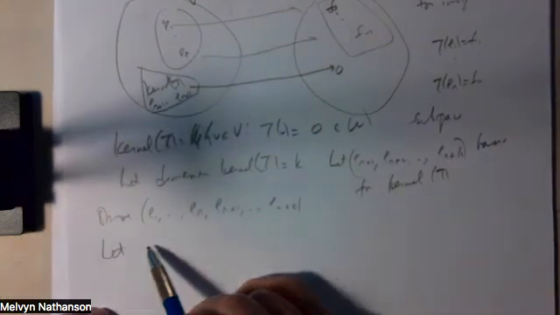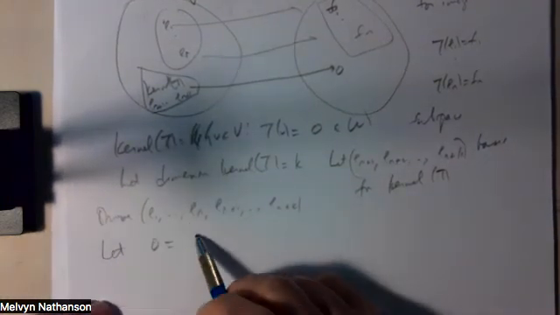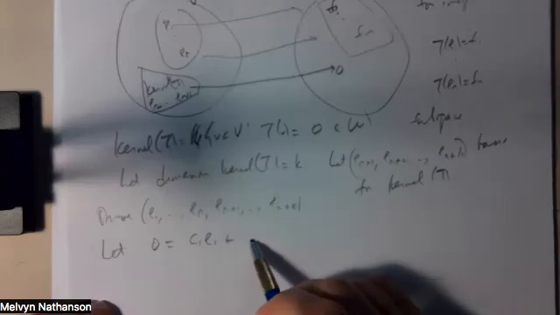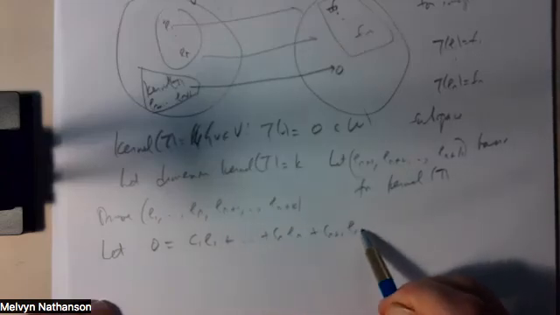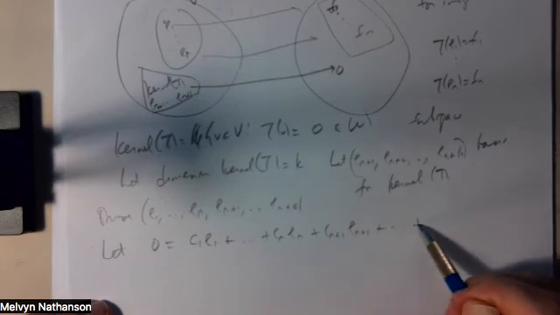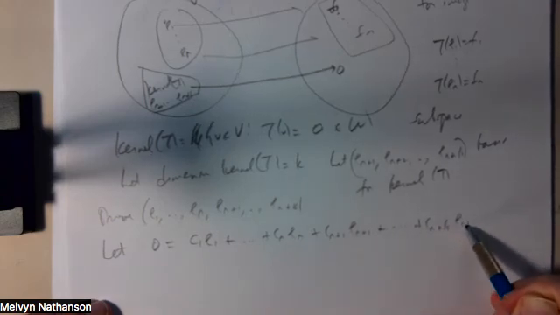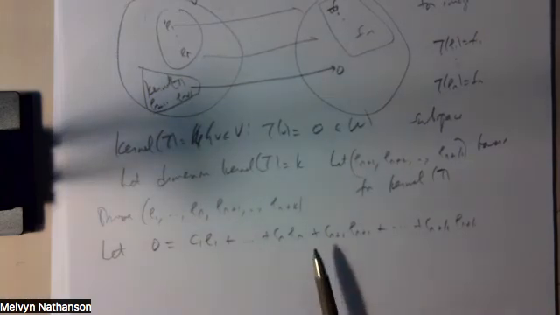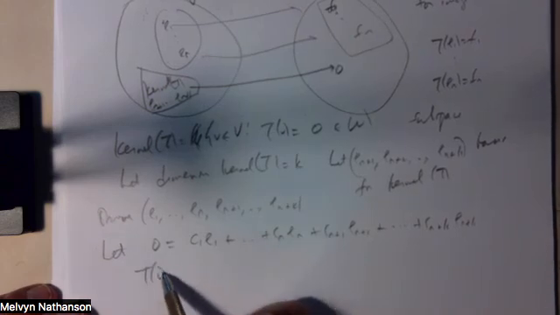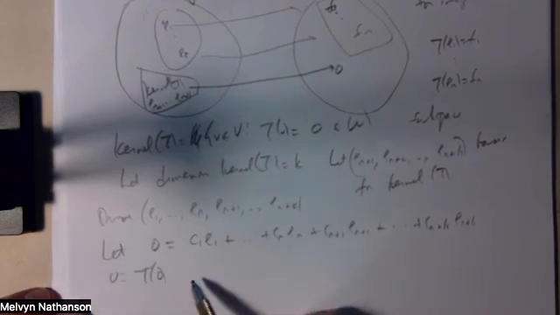So suppose I can write the zero vector as c1 E1 and so forth, cR ER, c_{R+1} E_{R+1}, all the way up to c_{R+K} E_{R+K}. So this is some big linear combination of these R+K vectors. If I apply T to this, T of 0 is 0.